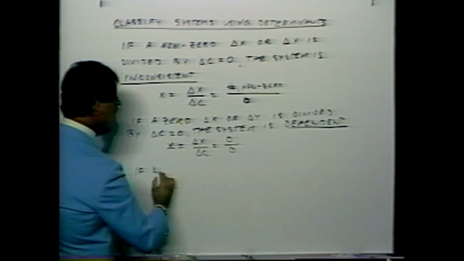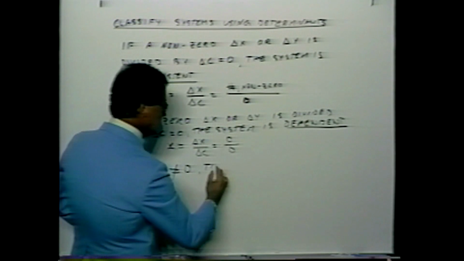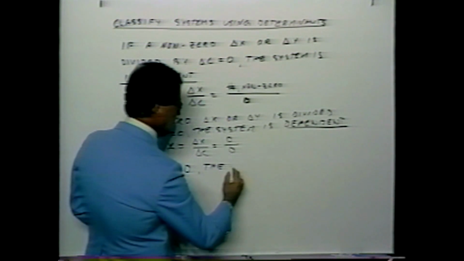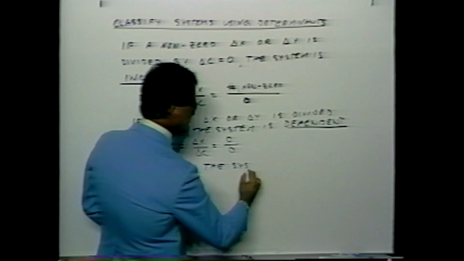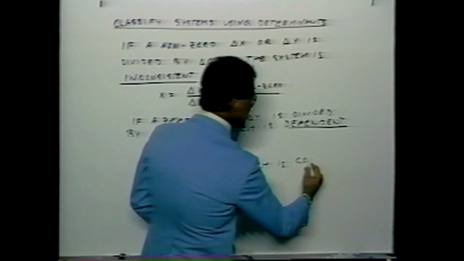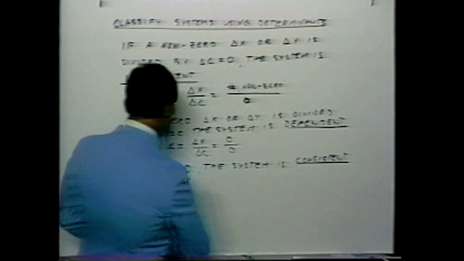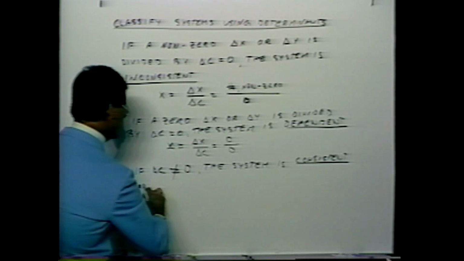If delta c is non-zero, then there is a unique solution and the system is consistent and independent.